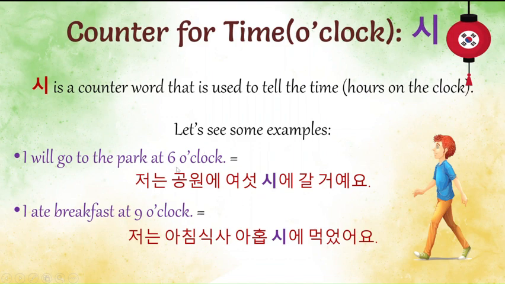Then you have to indicate it using the counter for time, and that is 시. So 6시. Now, here I've used the particle 에 because we are talking about a particular time. Okay, so here 에 is used as a time marking particle.